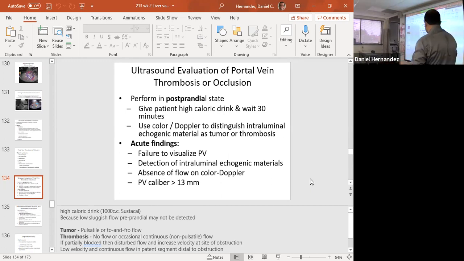Tumors will demonstrate pulsatile flow. It's typically going to be low resistance flow. With thrombosis, there'll be no flow, or occasional continuous flow if it's partially blocked.